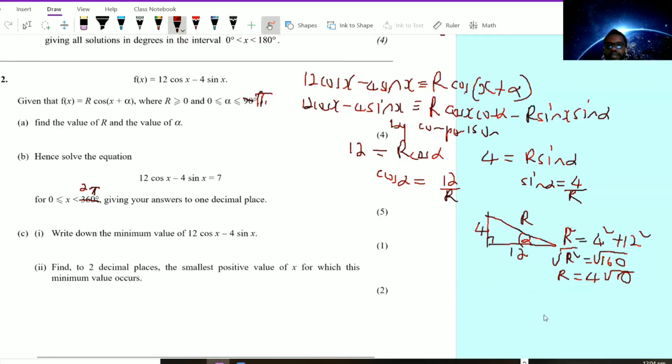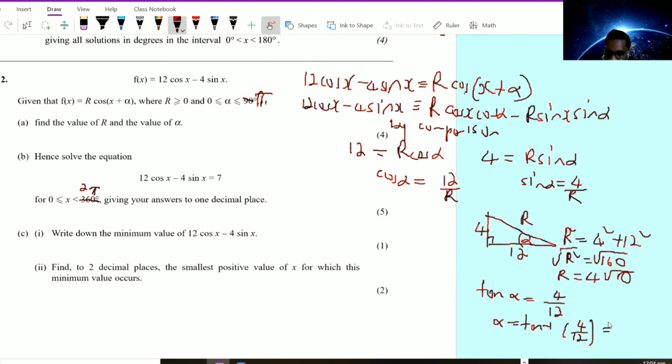All right, in the triangle, we know the opposite side and we know the adjacent side. So we can use a tan ratio. So we can say tan alpha is equal to opposite, which is 4, over 12. So alpha is equal to tan inverse of 4 over 12. Now you have to ensure that your calculator is in radians. So let me go there, shift tan inverse 4 over 12.